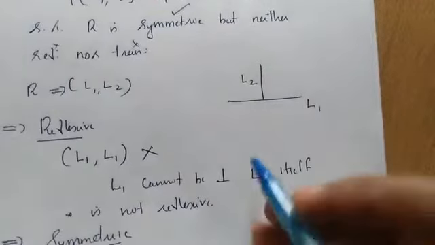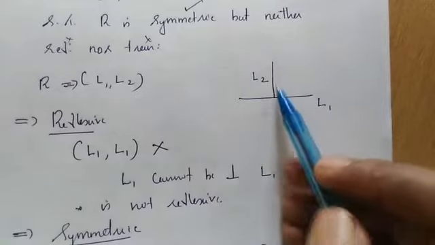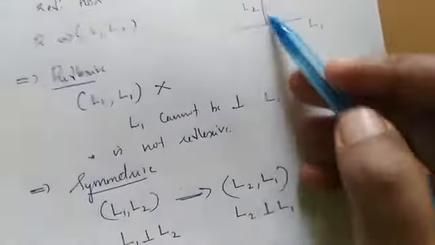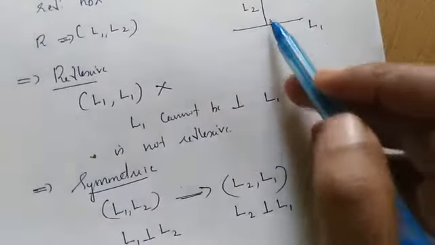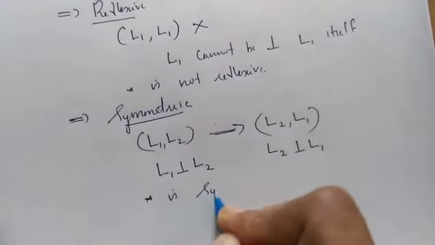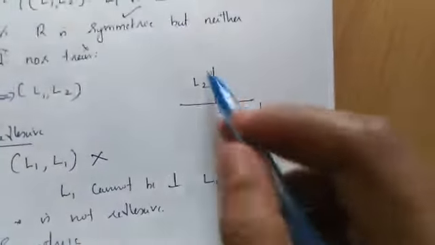From this figure it is clear that L2 is perpendicular to L1 and L1 is also perpendicular to L2. Hence we can say that the relation is symmetric. Both these lines are mutually perpendicular.